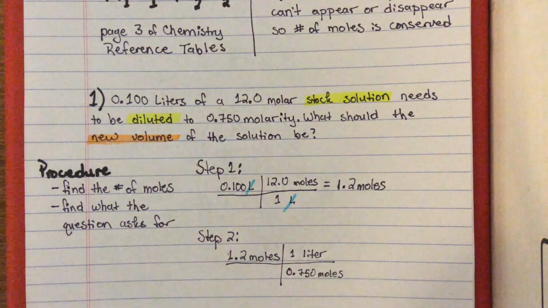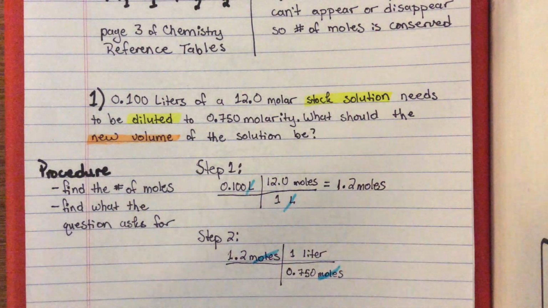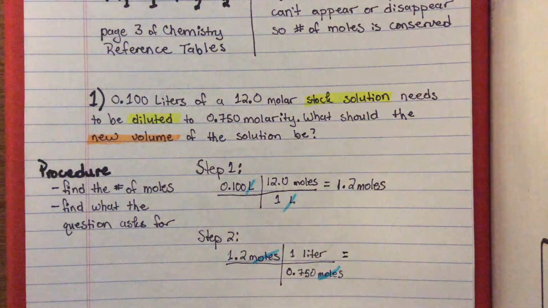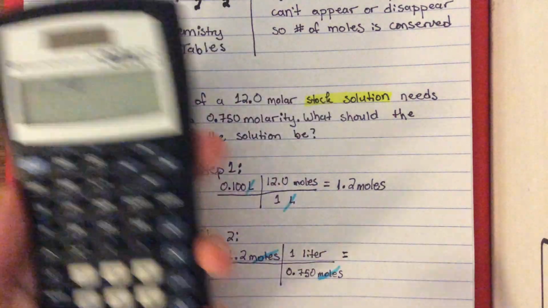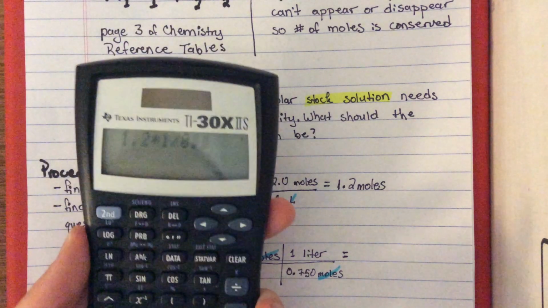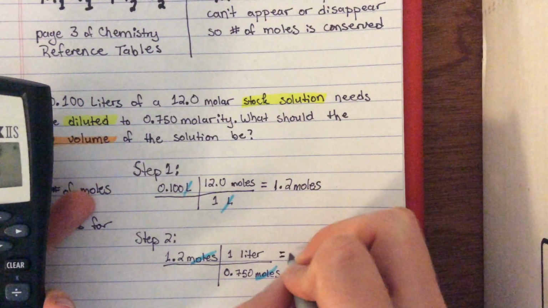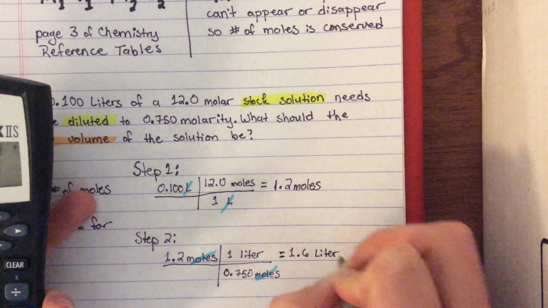And that will match moles on the diagonal, allowing it to cancel, and I can plug into my calculator, multiply all the terms in the numerator, and divide any terms in the denominator. And my calculator says the answer is 1.6 liters.